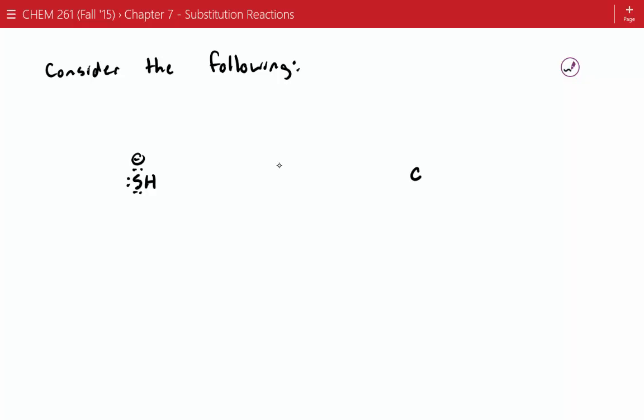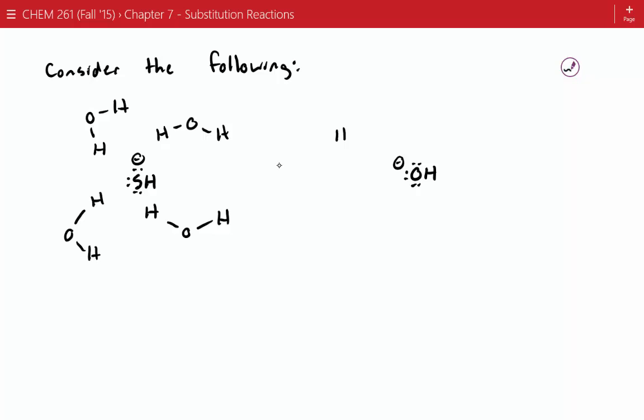And we're going to compare this to hydroxide, which is OH minus. And again, let's compare this in a polar protic solvent. So I'm going to draw out a bunch of water around it. We'll do the same thing over here.